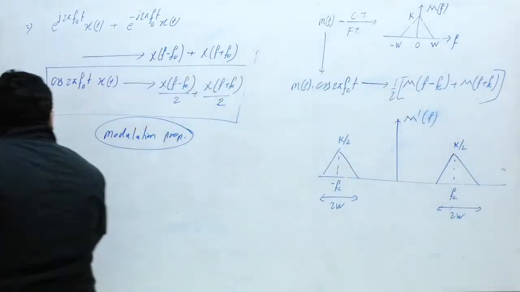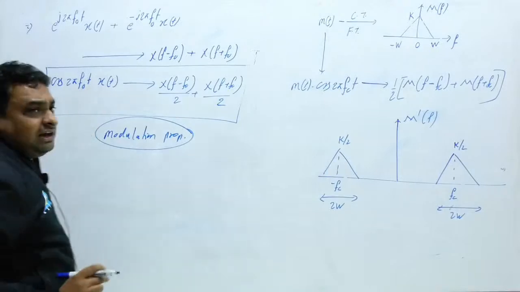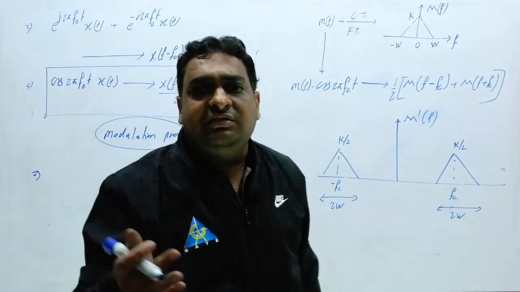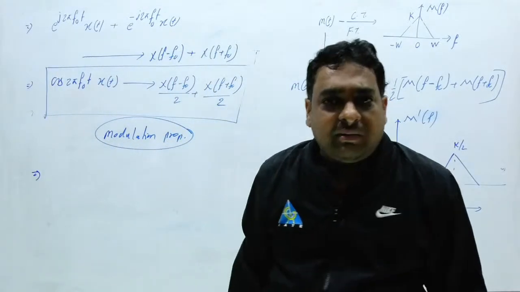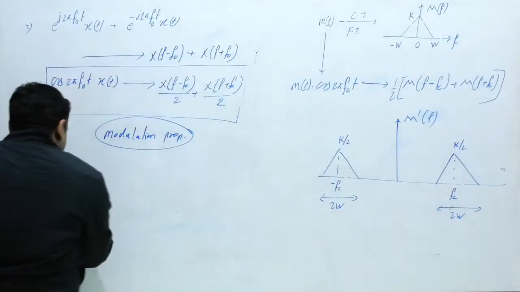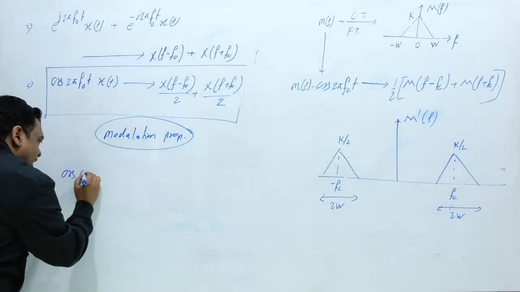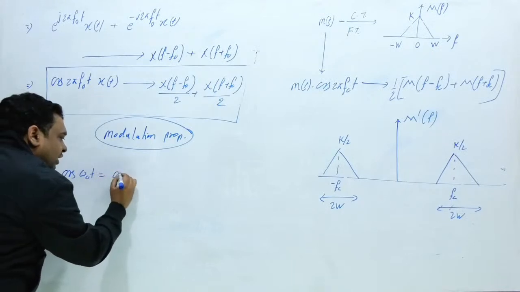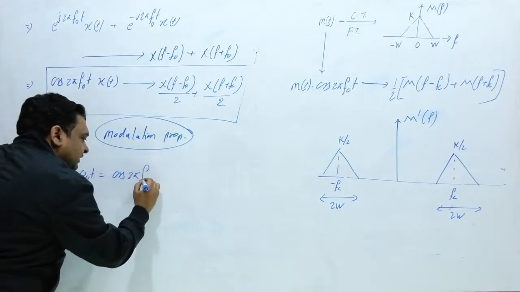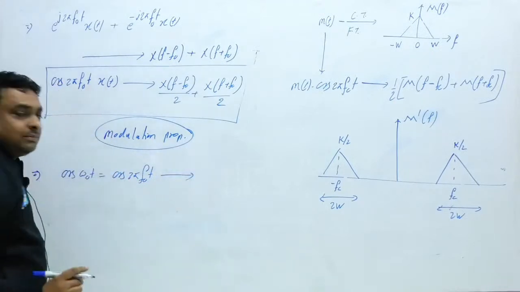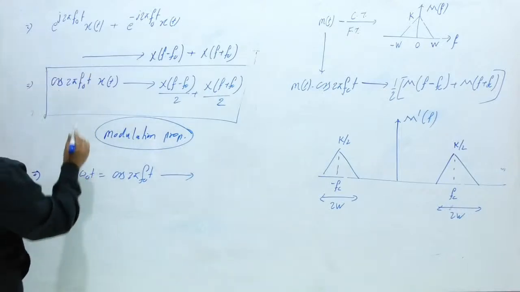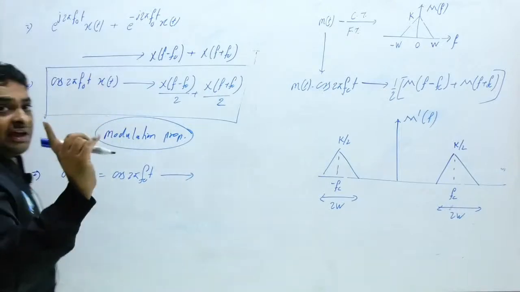Now the next signal. If you only want to find cos omega 0 t, what is the Fourier transform of cos omega 0 t, or cos 2 pi f 0 t? So can I say here x(t) is 1?